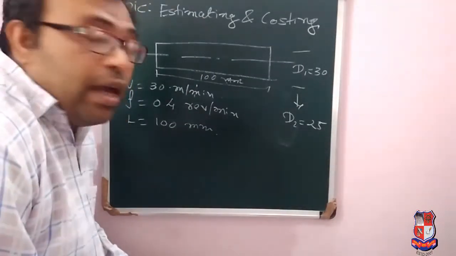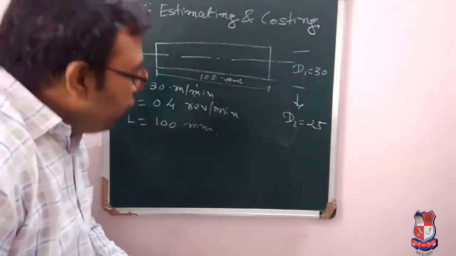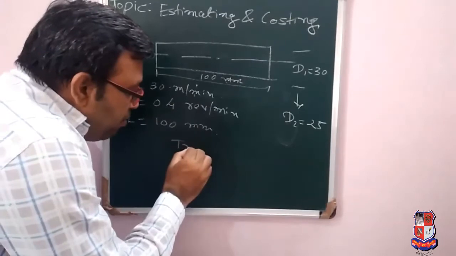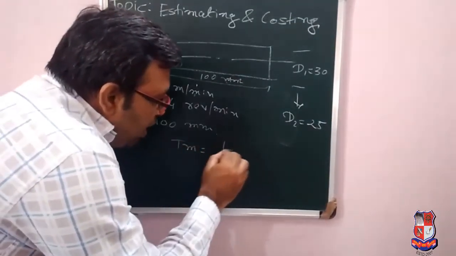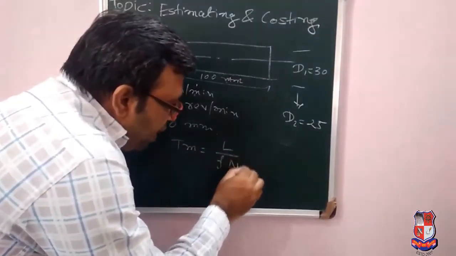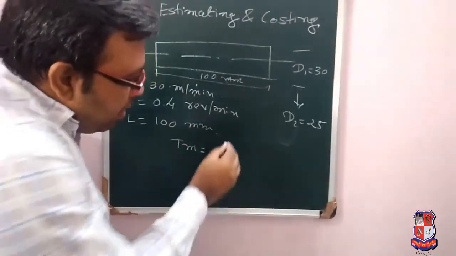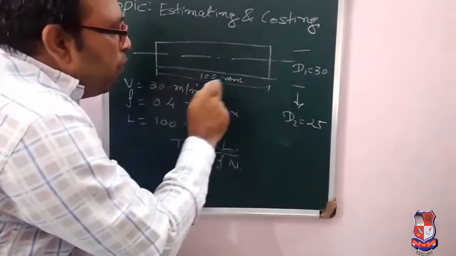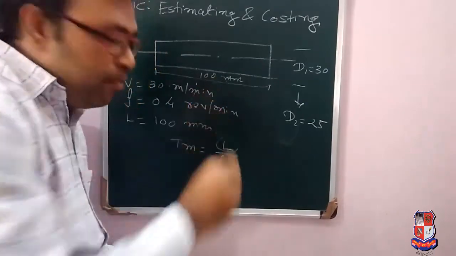Now we have the equation to find machining time Tm equal to L upon Fn. Here L is length of workpiece, that is 100 mm.